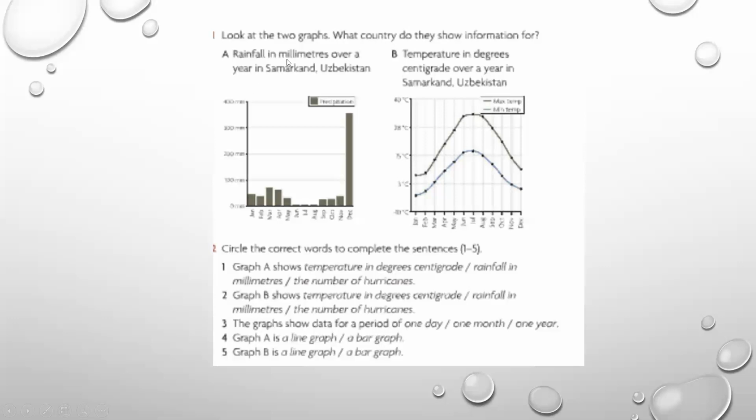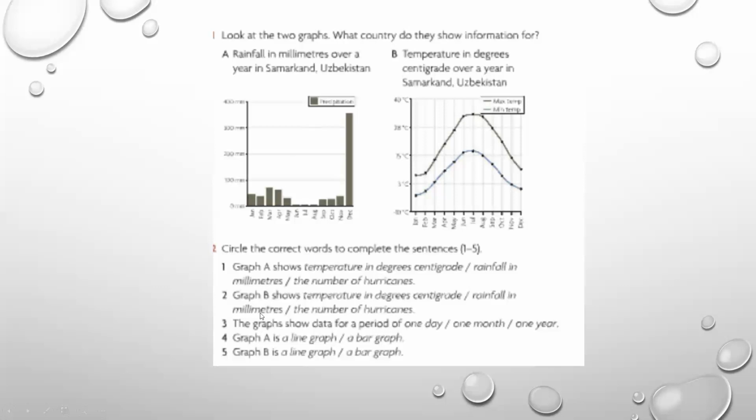We can read here very easily, and we can see also here the measurements, millimeters. This is the same for graph B. Is it temperature in degrees, rainfall in millimeters, or number of hurricanes? We can see the measurements here.